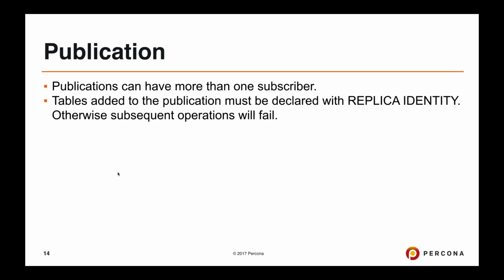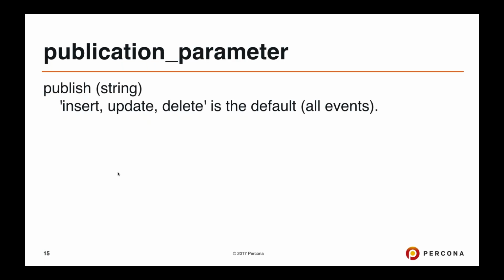The replica identity is the way to define which constraint, not index, you will use to detect conflicts in the slaves. The only parameter that you have for publications is the publish string, and it's just a text string which has insert, update, delete.